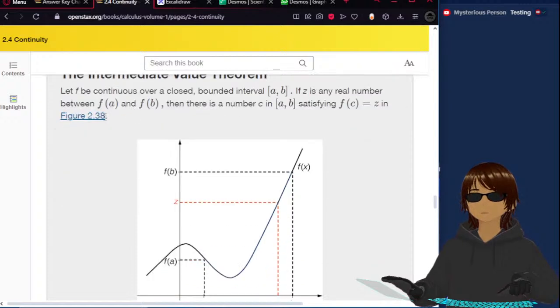Intermediate value theorem. Let f be continuous over a closed bounded interval a and b. If z is any real number between f of a and f of b, then there is a number c in a and b satisfying f of c is equal to z. Okay, so the function is defined here. Then this is number c between them.